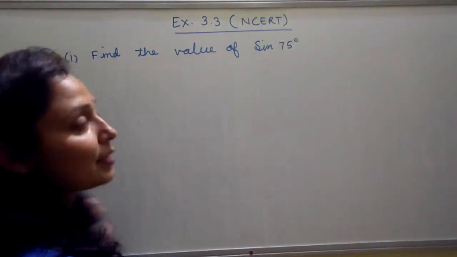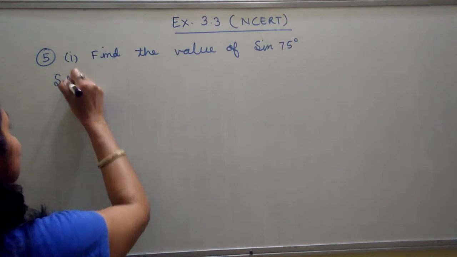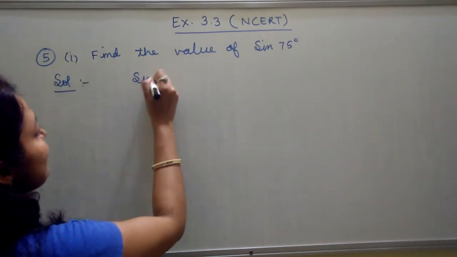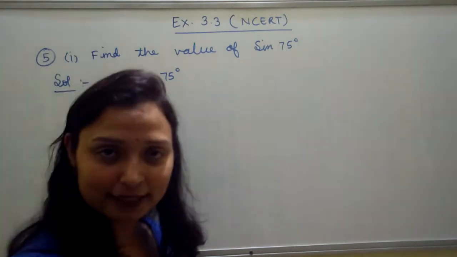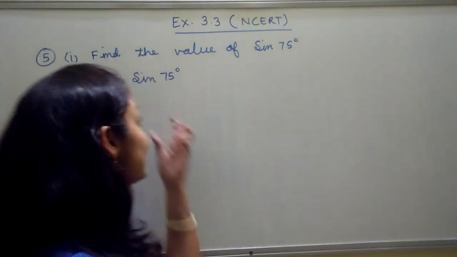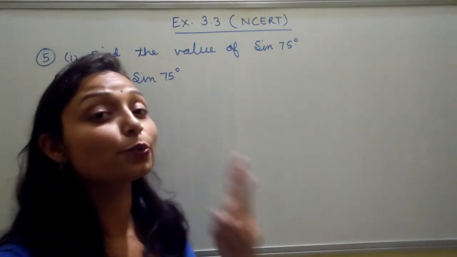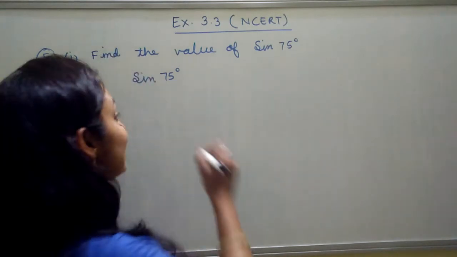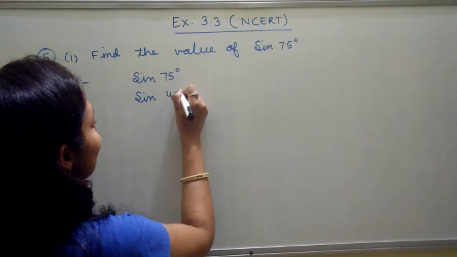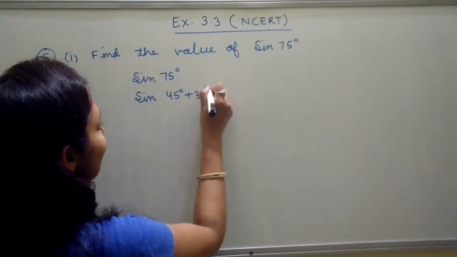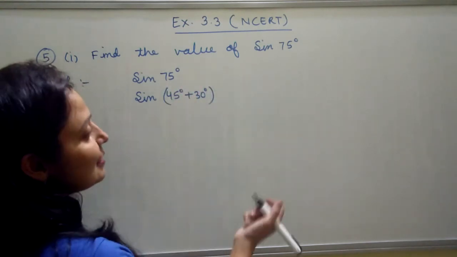This is a very easy question. Take sine 75 degree. Sine 75 is not a standard angle. That's why you have to divide this into two standard angles. Like this: sine 75, that is 45 plus 30. 45 plus 30 is 75.